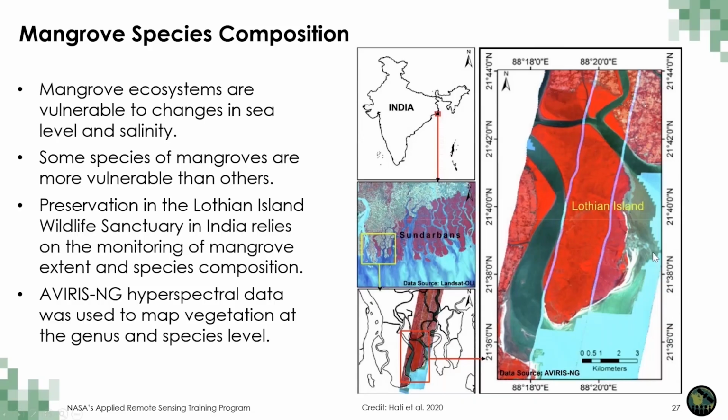So understanding the composition is important for conservation efforts. Here's a study by Hati et al., a recent study from 2020, that used AVIRIS-NG airborne data in the hopes of creating a species-level vegetation classification in the Lothian Island on the east coast of India.